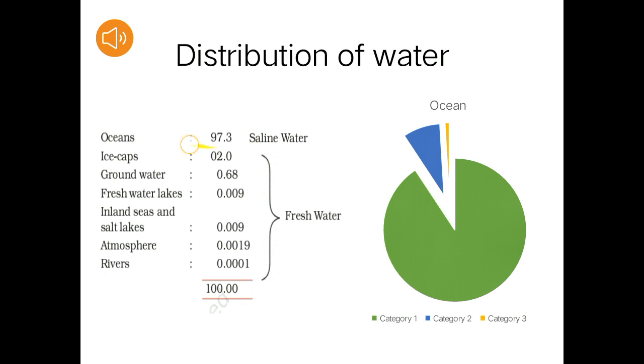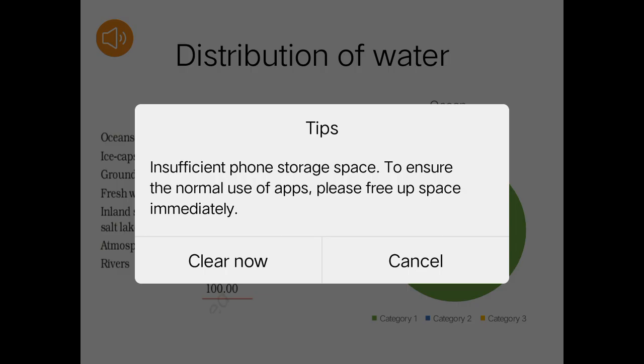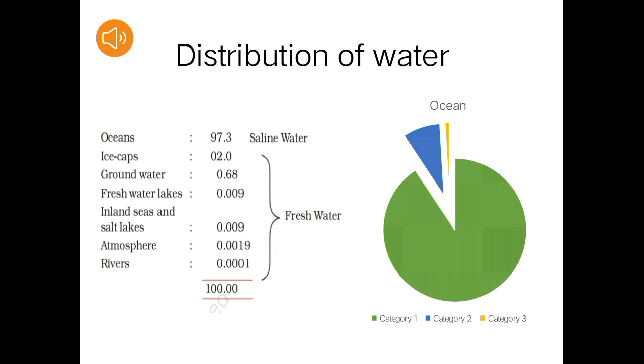97.3% of water is found in oceans, and that water is saline water. Means it contains salt, and this water is not fit for human consumption. 2% of water is found in glaciers in the form of ice.